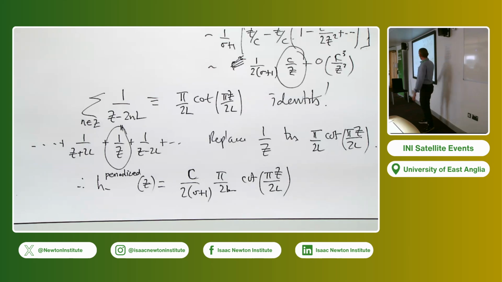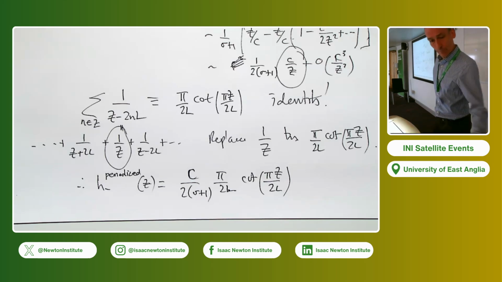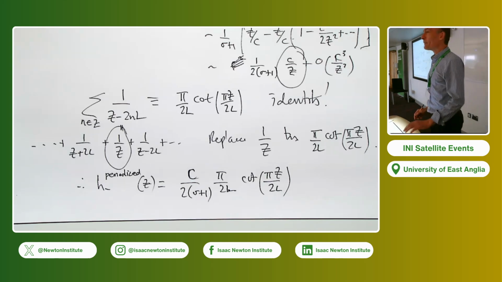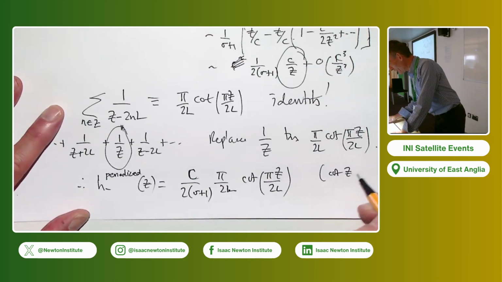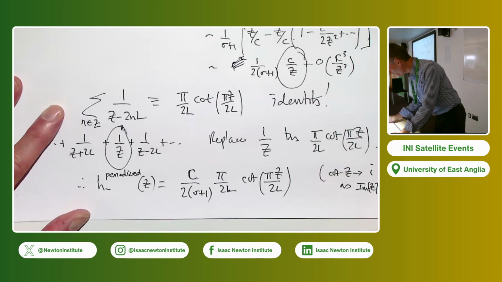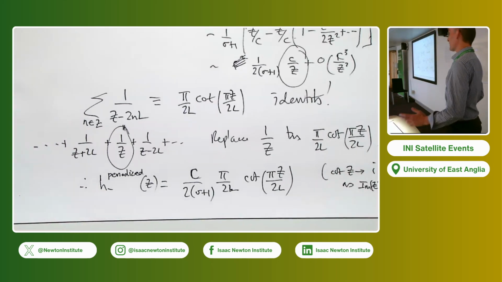Another calculus exercise. What does cot look like when z gets very negative in y? Well, I'll tell you. Cot z tends to i as the imaginary part of z gets very, very negative. You can just check that calculus exercise. Aha!